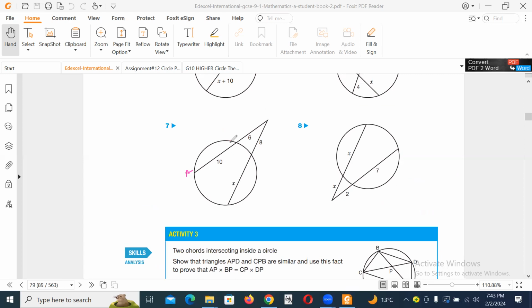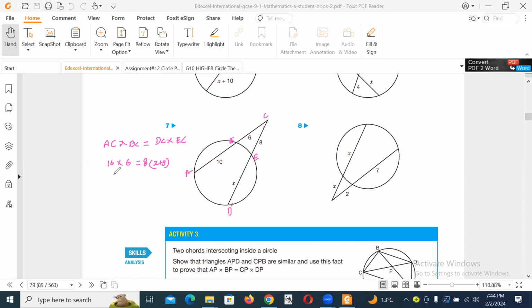Let's suppose this is A, this is B, this is C, and this is D, E. So we take A to C, the full length, multiplied by B to C, which is equal to D to C, the full length, multiplied by the outer length E to C. Once you make this rule, we can apply A to C, which means 10 plus 6, which is 16. 16 multiplied by BC, which is 6, equals D to C, which means x plus 8, in brackets, multiplied by 8.